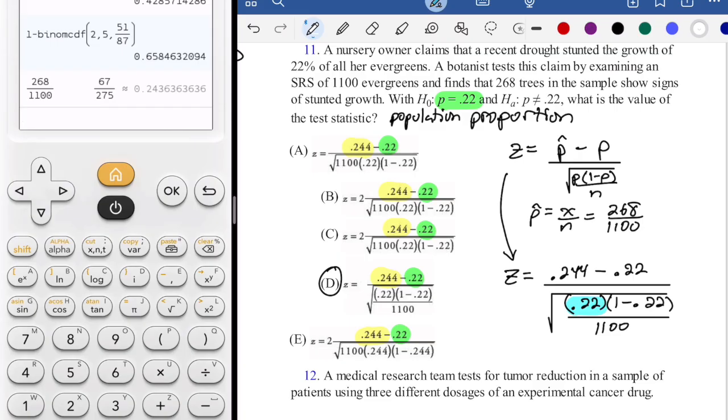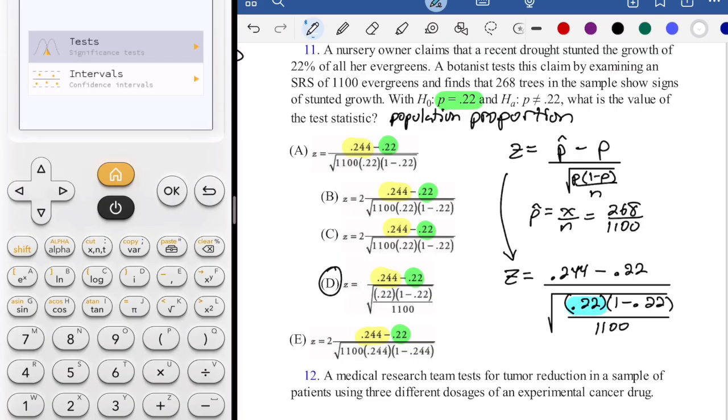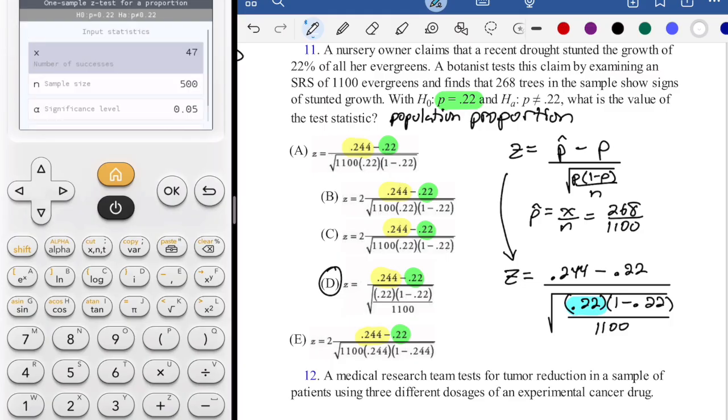And actually, while we're here, we can verify it. I'll show you. If you go to inference, tests, one proportion, put in the null of 0.22. Alternative, they had it as a not equal. Go to next. Put in your important information: the 268, the 500 becomes a 1,100.